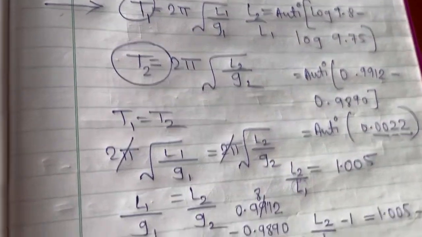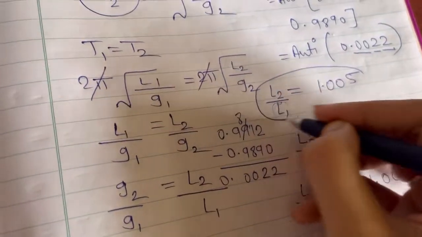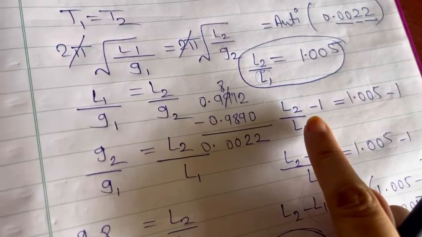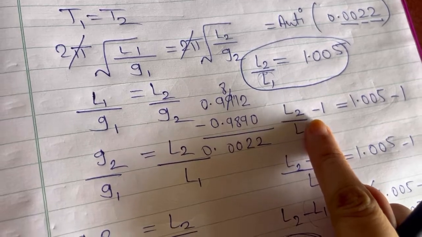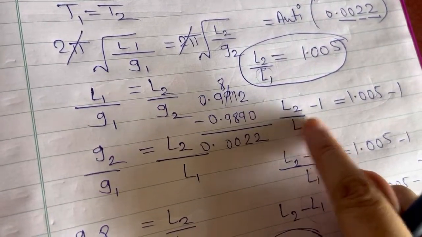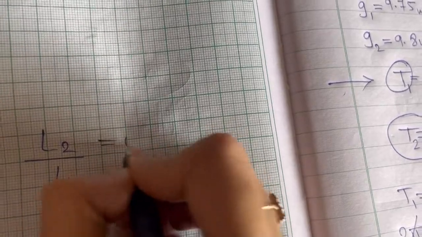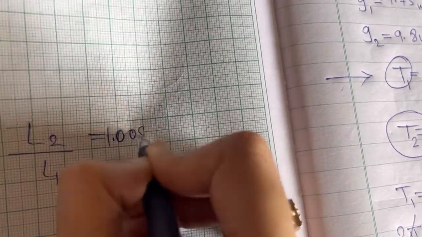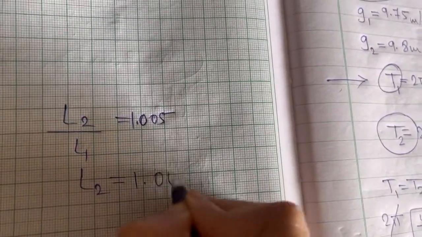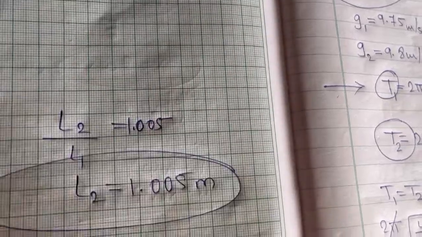I'll show you even that thing. This equation is the equation which you have obtained. After that, I have subtracted minus 1 in left hand side and also on right hand side. Now if you substitute the value of L1 over here, then what happens? L2 upon L1, that is equal to 1.005. This is what you have. The value of L1 is 1, so this becomes L2 is equal to 1.005 meter. Now you have the value of L2.